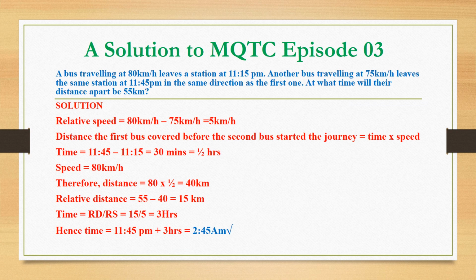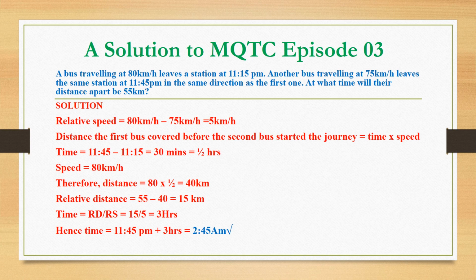So to get the time, we take 11:45 minus 11:15, which gives you 30 minutes. When you convert that into hours, it gives you half an hour. Speed for the first bus is 80 kilometers per hour. Therefore, the distance was supposed to be 80 times a half, which gives you 40 kilometers. So that is the distance that the first bus covered before the second bus started the journey.